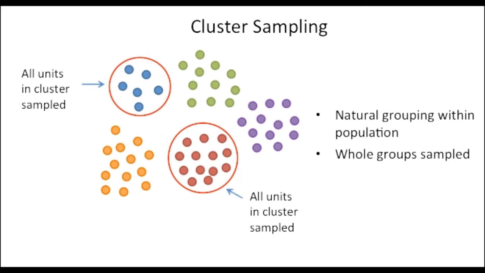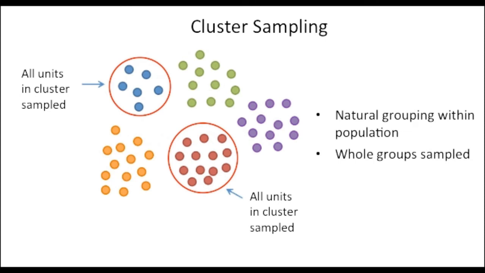So this method is good for dealing with large and dispersed populations, but there is more risk of error in the sample, as there could be substantial differences between clusters. So it's difficult to guarantee that the sampled clusters are really representative of the whole population.